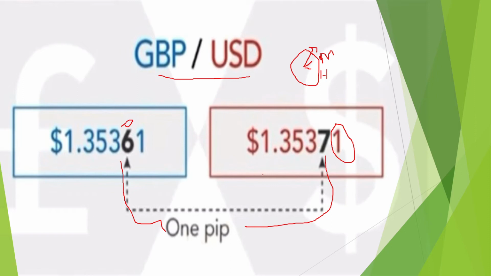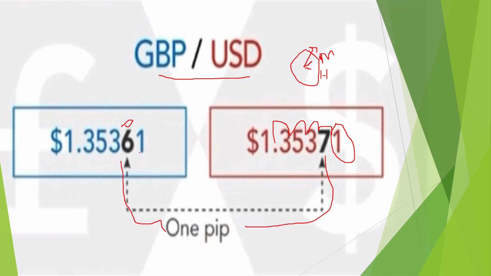This is the pip on GBP USD, EUR USD, CAD CHF, pairs like that. The fourth number after the decimal point is known as the pip. You understand? Except for JPY and metal pairs.